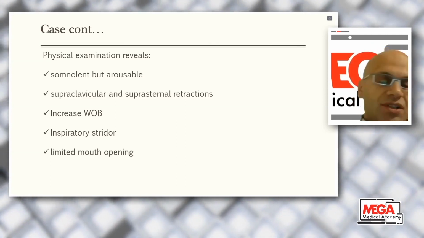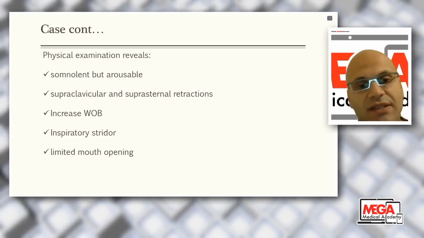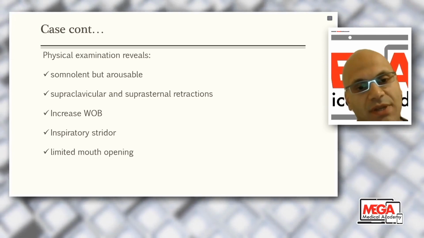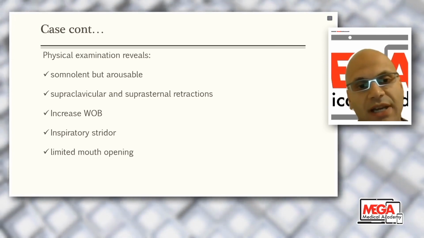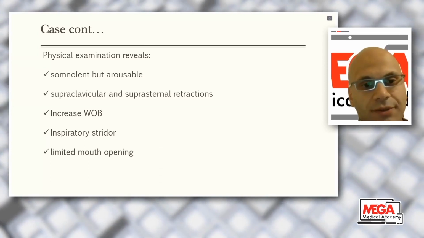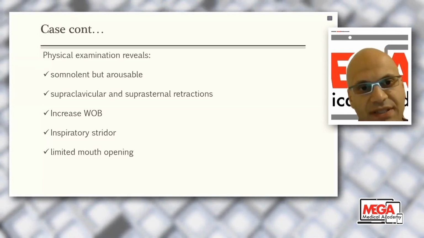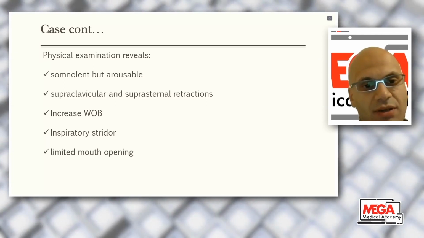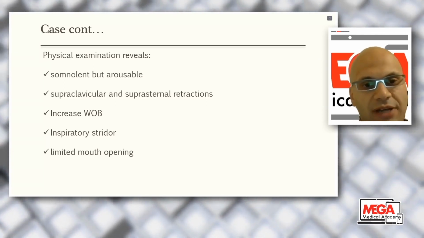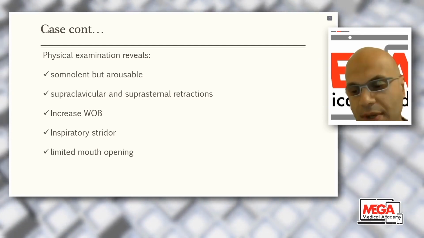So we have many points here that predict difficult airway management: high BMI, limited mouth opening, and a mass which led to respiratory stridor. And from this working hard criterion, we are somewhat expecting that the patient will start to have some sort of respiratory failure as well.